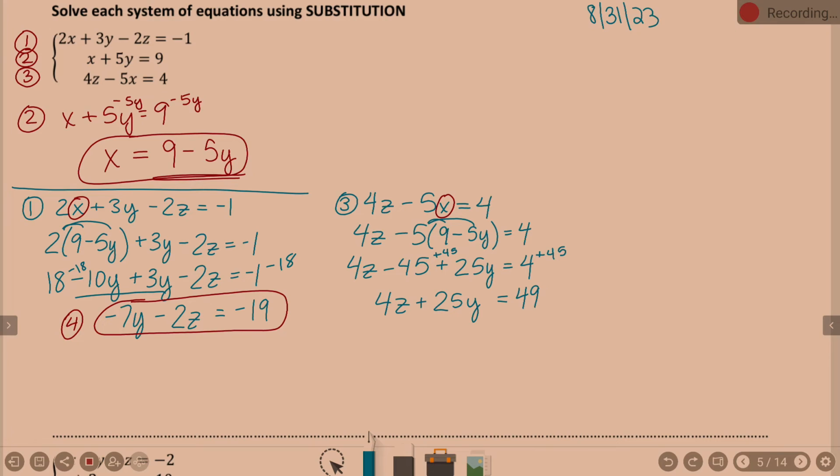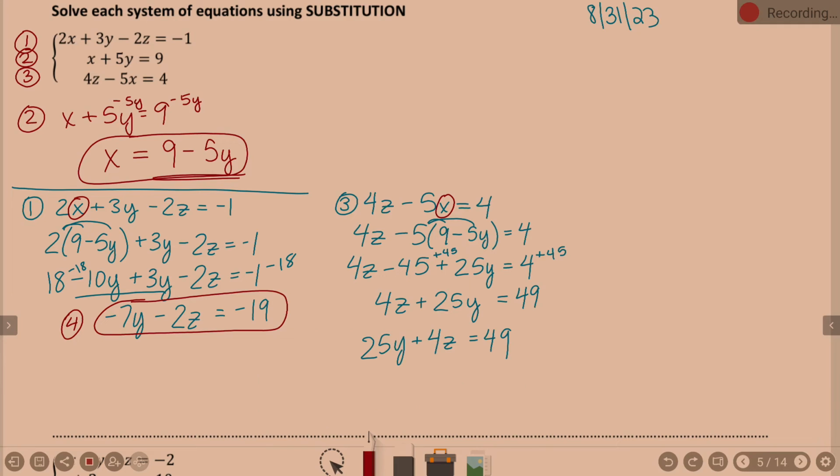I'm going to call this equation 5. Now, last time I had yz, this time I have zy. It wouldn't hurt to flip them and say that this is 25y plus 4z equals 49.